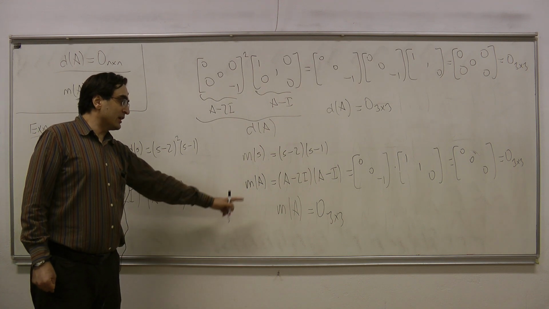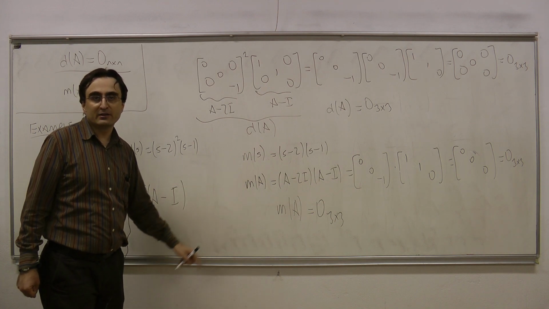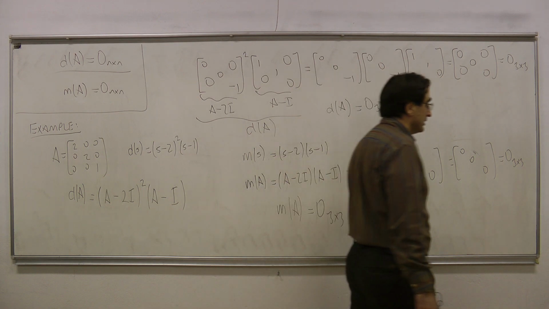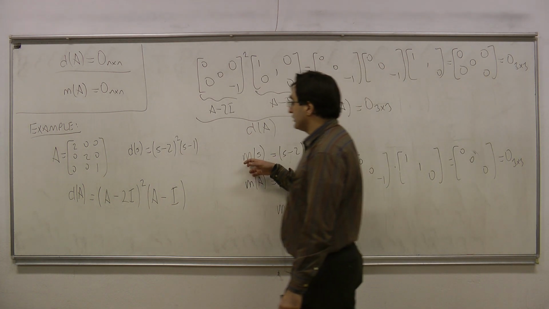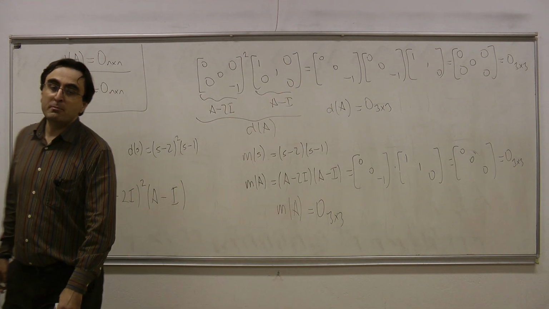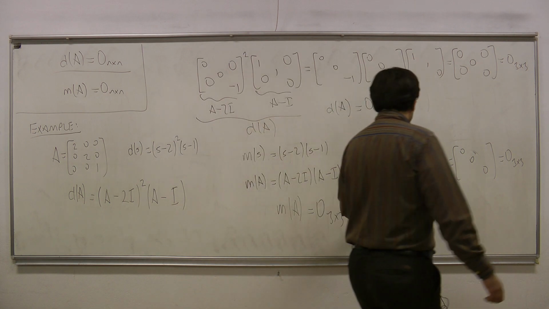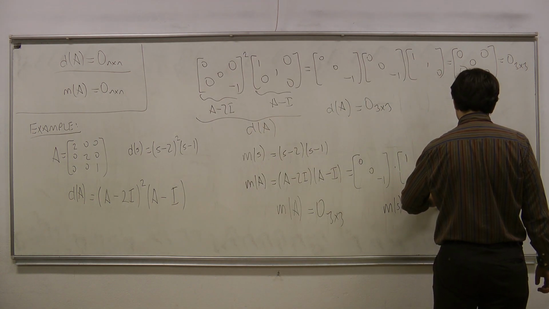So in such a case, we would call this M of s the new polynomial that we have found. If we cannot find any smaller order polynomial that would satisfy the same equation, then we call this M of s the minimal polynomial of the matrix A. Okay? So M of s is the minimal polynomial of A.